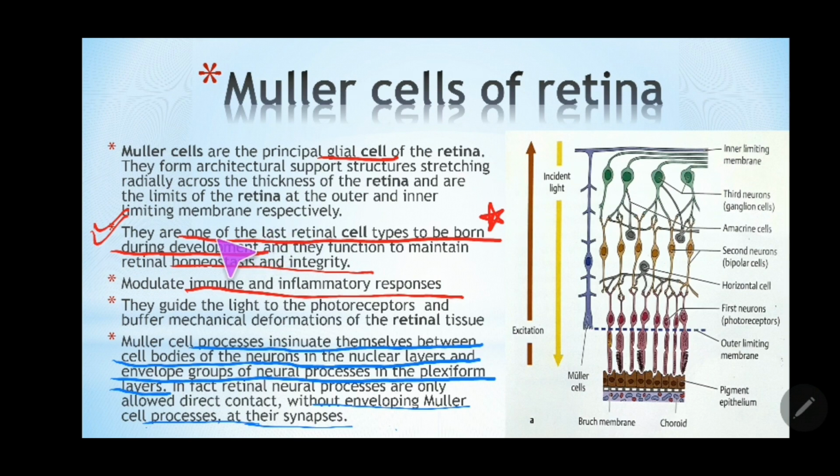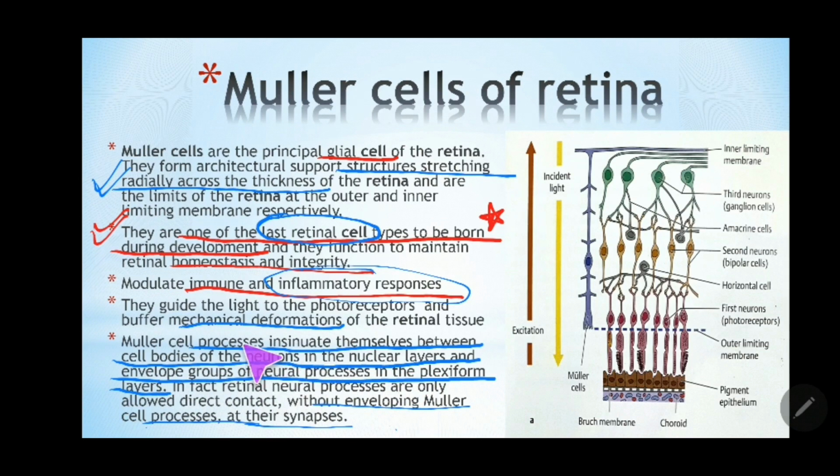One was the structural strengthening, the mechanical support. Then it is the last retinal cell to develop, inflammatory response you can remember, and of course it prevents mechanical deformation.